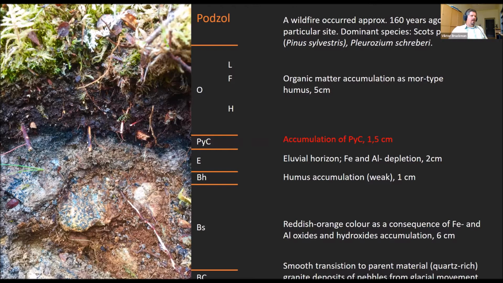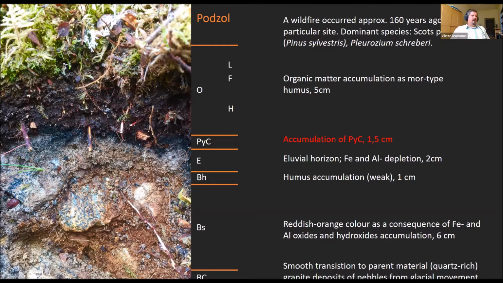So what I want to highlight here is that although the fire here is 160 years ago, the pyrogenic carbon is not really integrated in the mineral soil horizon, but indeed mostly rests on the interface. Of course, there are particles and water flow and bioturbation, which is also limited there, but it occurs.